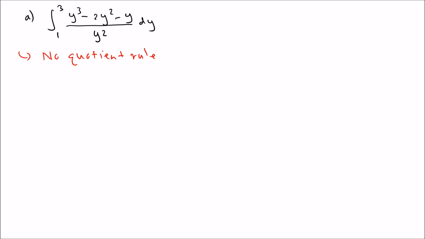So what you're going to do first is divide by y squared. We can rewrite it: from 1 to 3, if you divide by y squared, you get y minus 2 minus 1 over y. That's what happens when you divide all the terms by y squared.